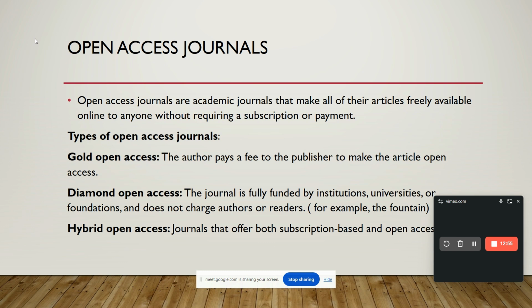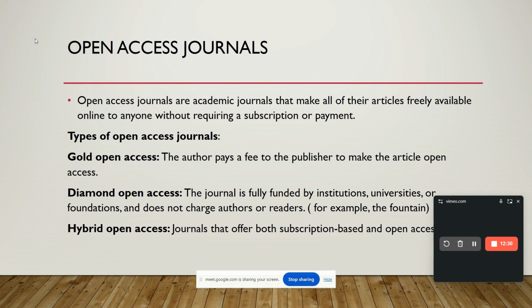Some journals only have preprints of articles, but in most cases we just have open access articles within one platform. So there are different types of open access journals. The first one being Gold Open Access, where the author pays a fee.